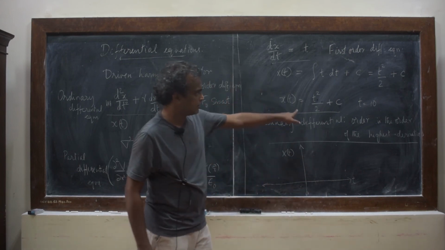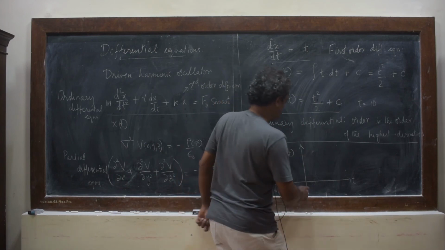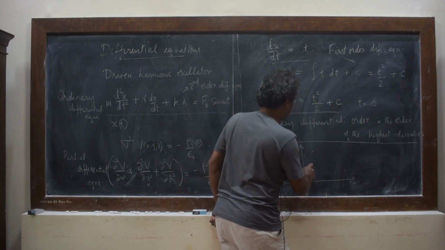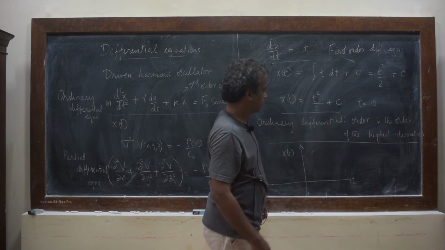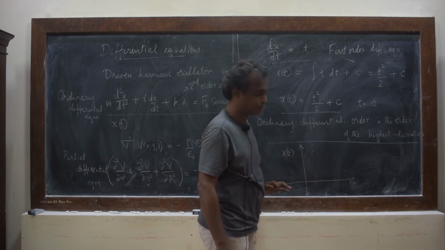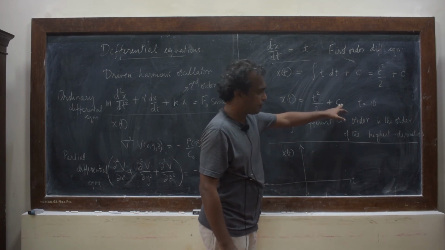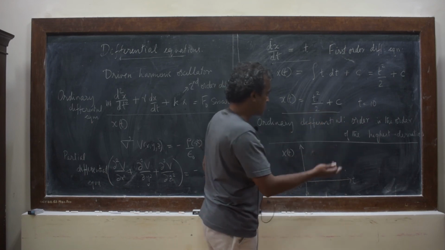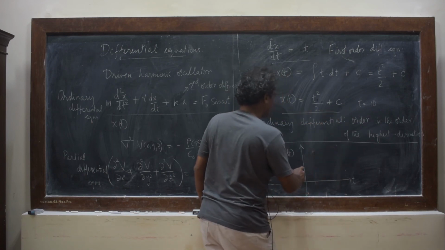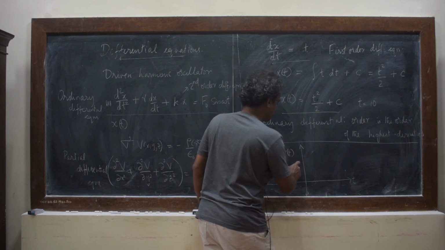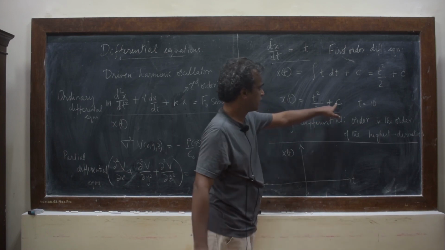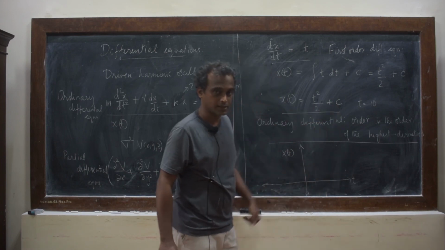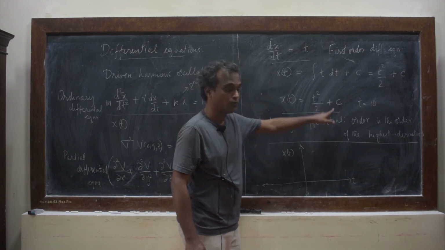It is clear that this particular function will have the form of a parabola, which would be furthermore easier to see if I set c equal to 0. However, even for c not equal to 0, it is a parabola. Only difference is that the value of c determines where the parabola meets the y axis. It basically gives us the y intercept.